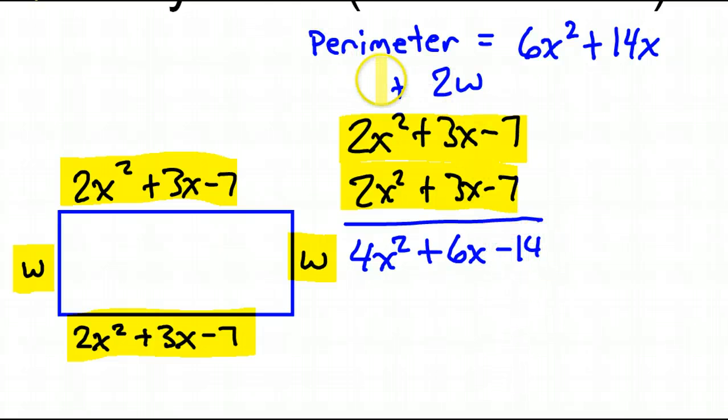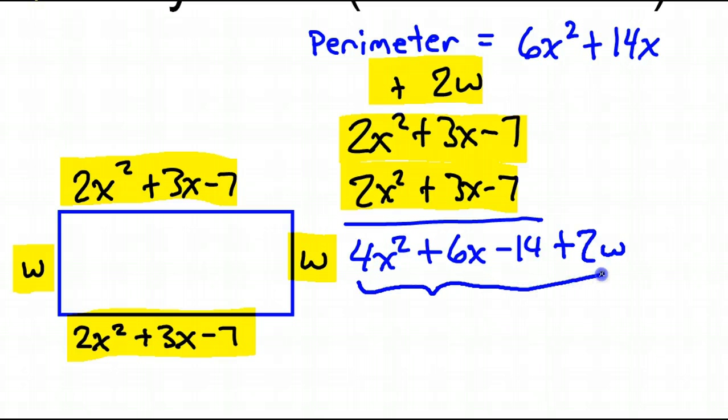Alright, now I'm going to add in the 2W. So plus 2W. So this is an expression for the perimeter. Alright, 4x squared plus 6x minus 14 plus 2W. That's the sum of all four sides. Okay, so this is the perimeter.